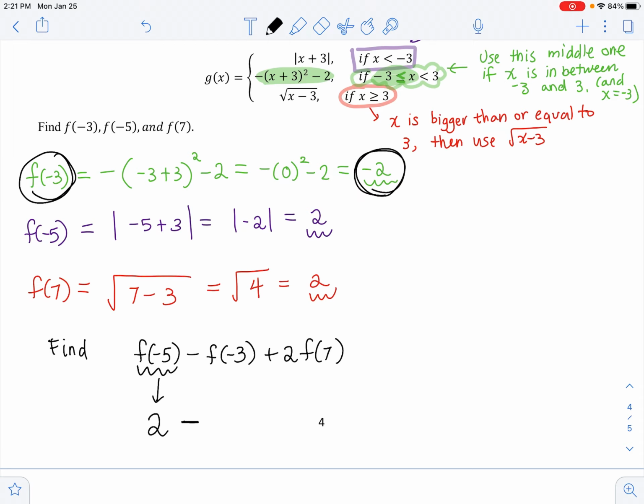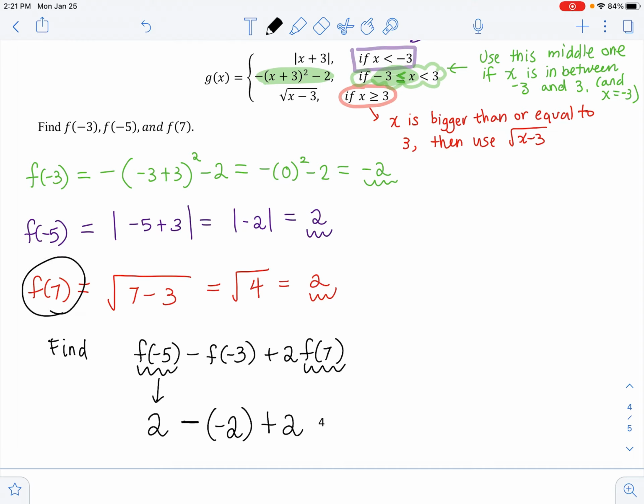So I have to do 2 minus negative 2. And then plus 2 times what's f of 7? F of 7 is 2, times 2. So this just turns into 2 plus 2 plus 4. Therefore, the answer is 8.